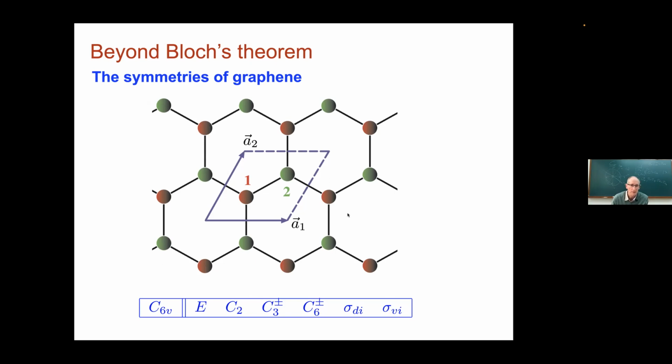You see, if I rotate, the lattice doesn't change at all. And always, I mean, atoms 1 and 2 are identical, but they are in different positions. Some of these operations take one atom 1 into one atom 2, like these 60 degrees rotations. Others take atom 1 into atom 1. This will be important very soon.